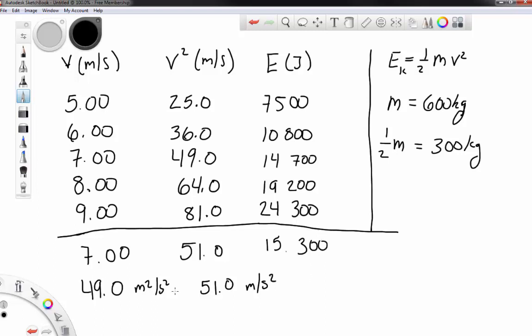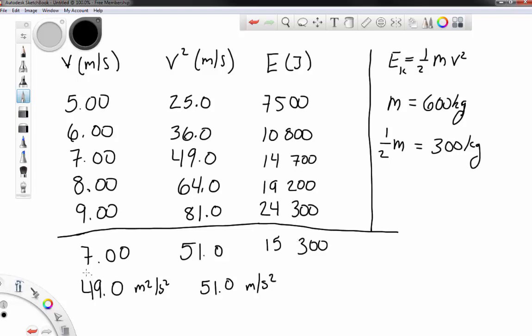Okay, so I suppose you could say that the follow-up question is, of these two numbers, which one is actually useful for figuring out the average kinetic energy?